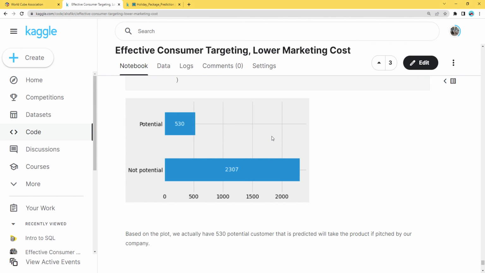It's a shame that there are this many people with potential if we just pitched them. So yeah, I think this model can increase your revenue too. You can better predict consumers who will take the product, who are potential if you just pitch them.